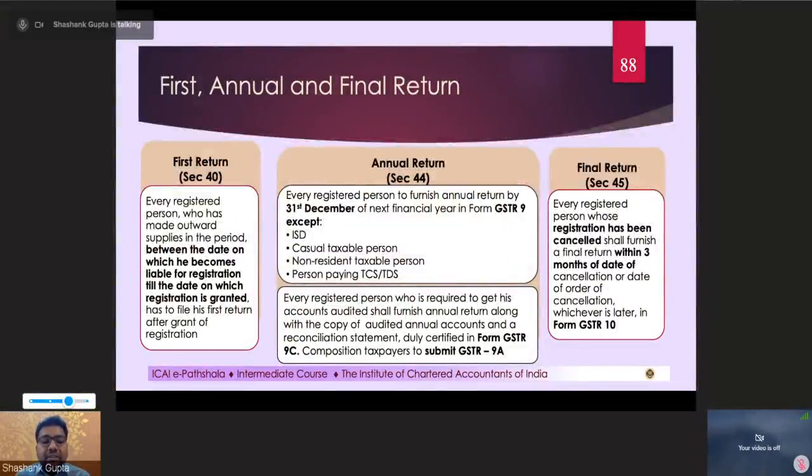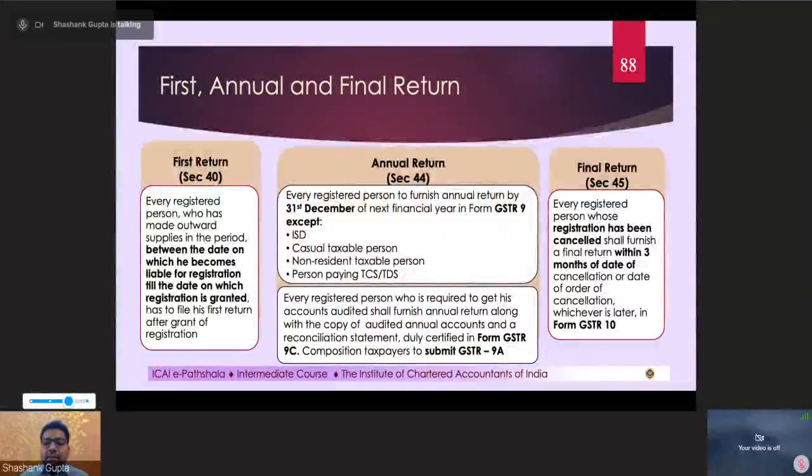Even composition taxpayers are required to furnish an annual return in GSTR 9A, and along with it, taxpayers having turnover of more than 2 crores are required to get their accounts audited by a chartered accountant or a CMA, and that is filed in GSTR 9C.